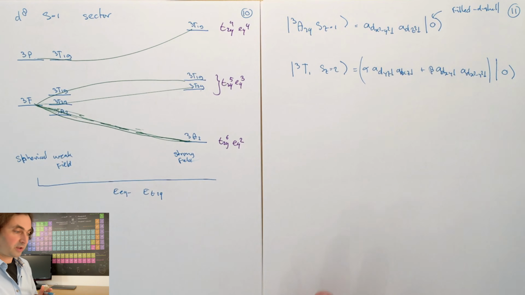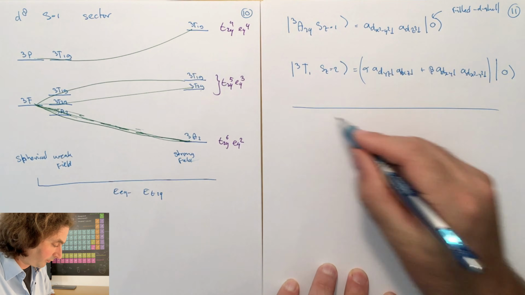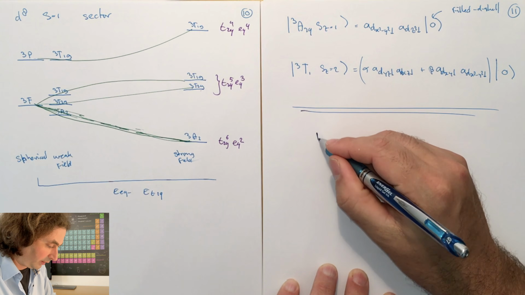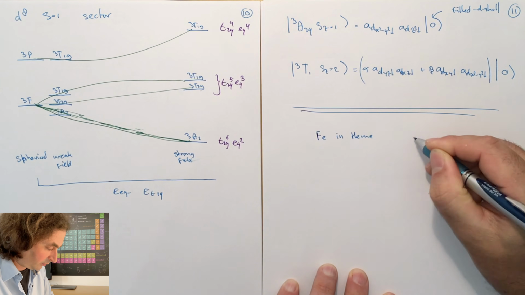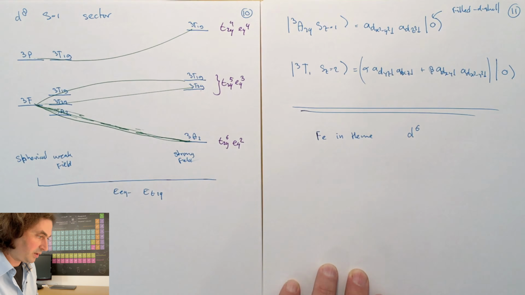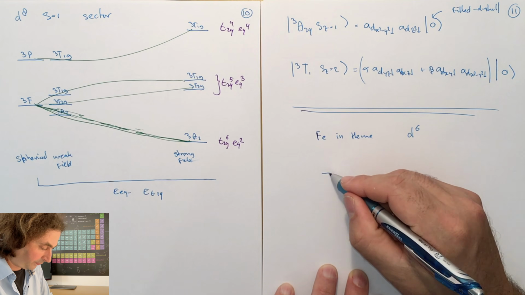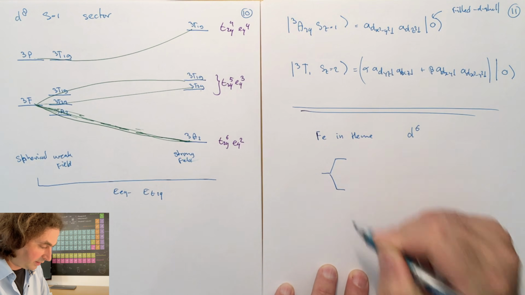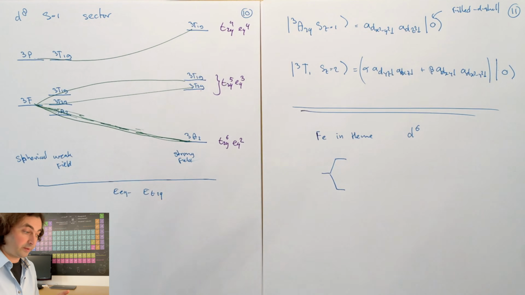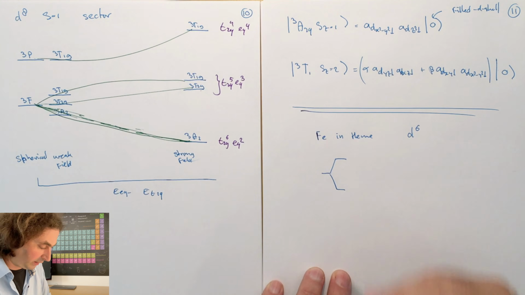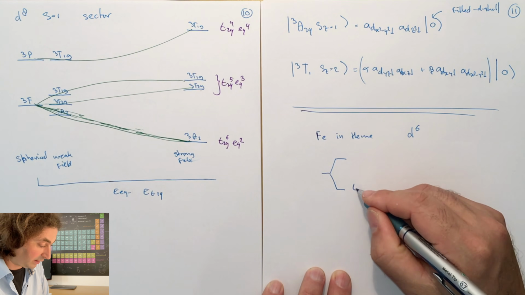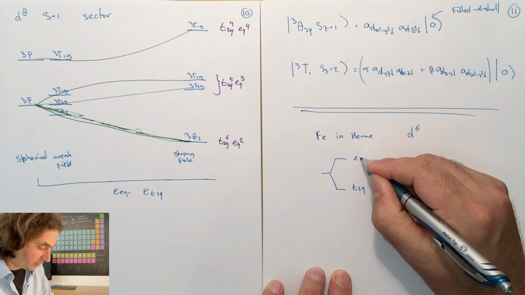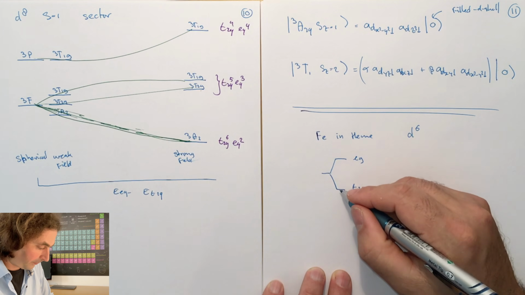It's not only color centers. If you look at enzymes, for example, iron in heme, then we have locally a d6 configuration. And if you think of a d6, you have roughly cubic symmetry. It's not completely cubic, but it doesn't matter if this is one degenerate level or 3 split levels. We have our t2g and eg orbitals.